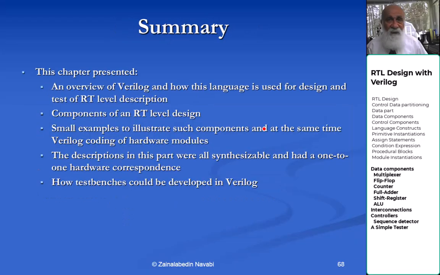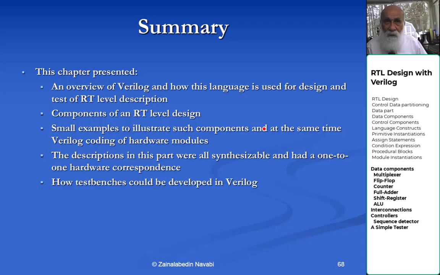Okay, finally, what we have done, we have gone through a little bit of RTL, then showed some constructs of Verilog. A multiplexer was used for showing various forms like gate description, Boolean expression, conditional expression, and always statement.